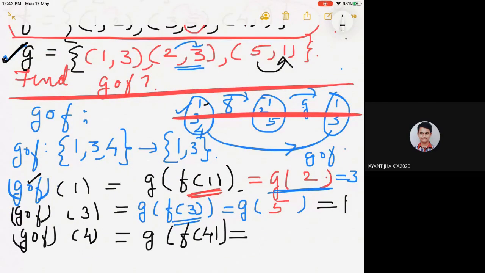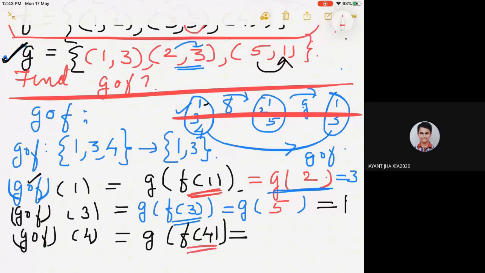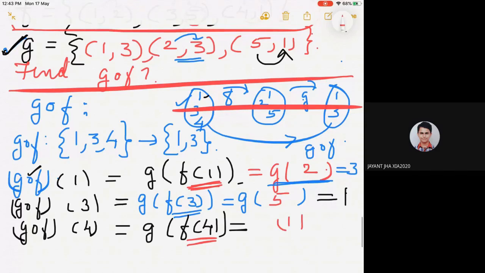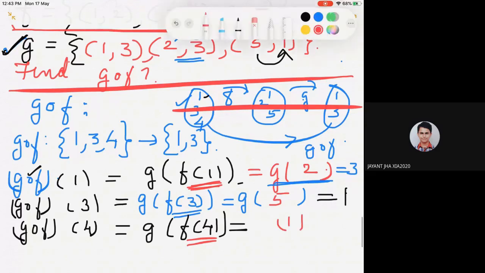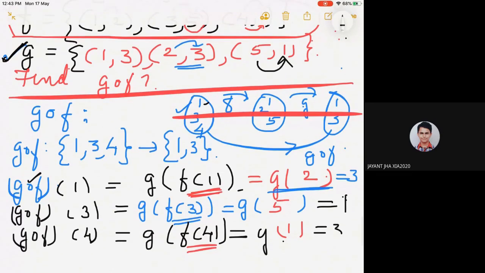First of all, you take the interior one's value, that is F of 4. F of 4 means the image of 4. You will get the image of 4 as 1, and now it has become G of 1. G of 1 means the image of 1 under G. It is equal to 3. So this is the answer.